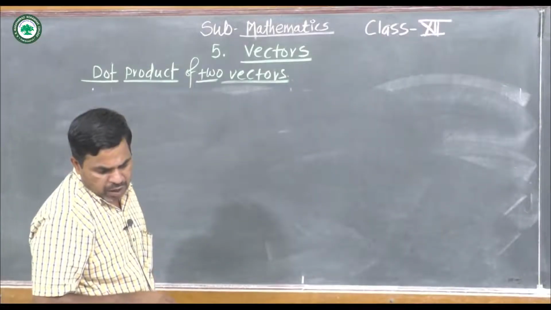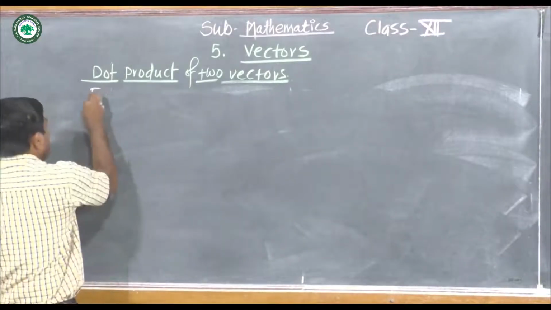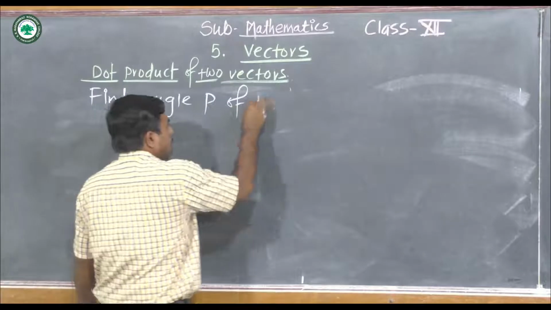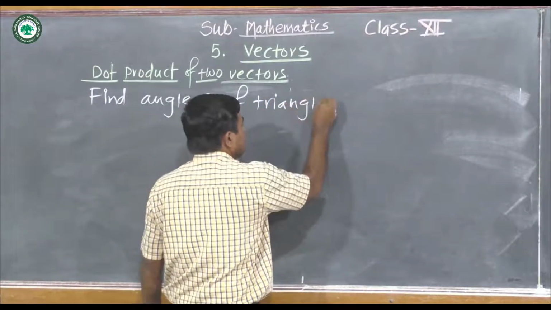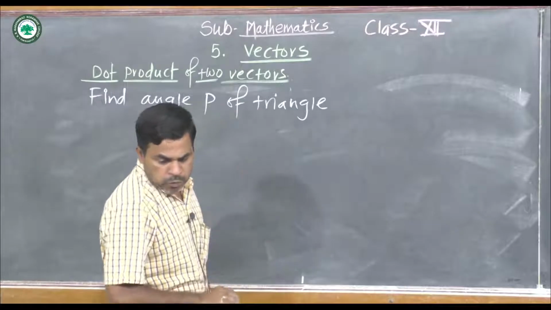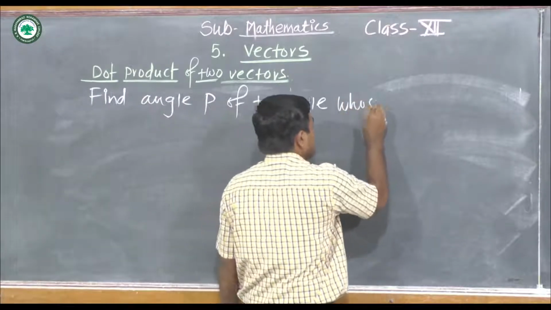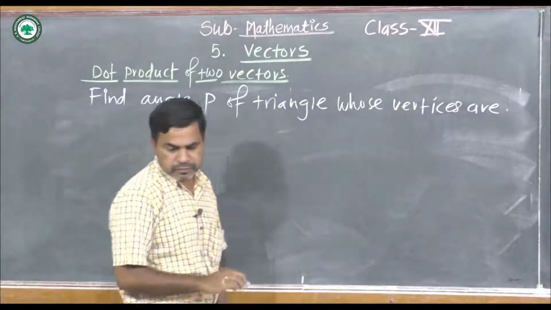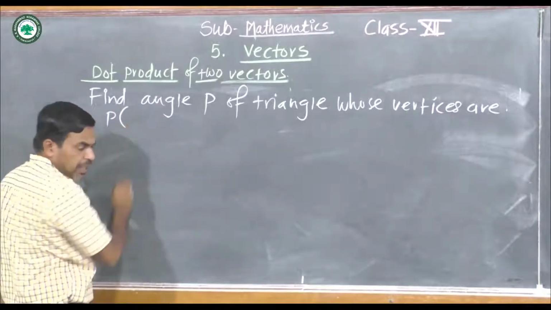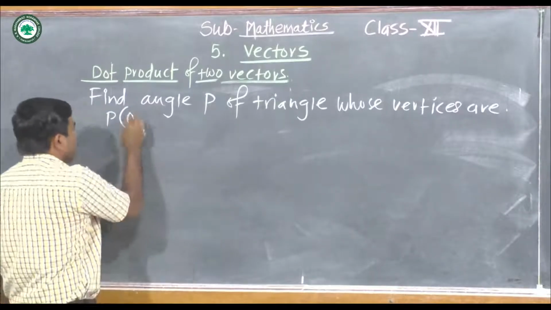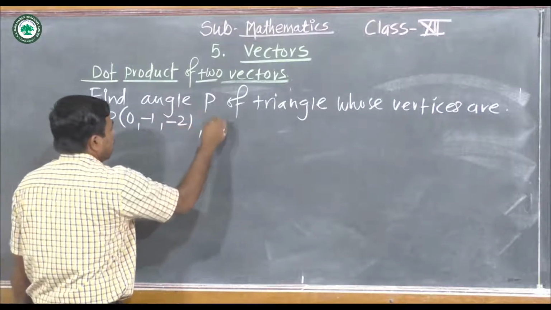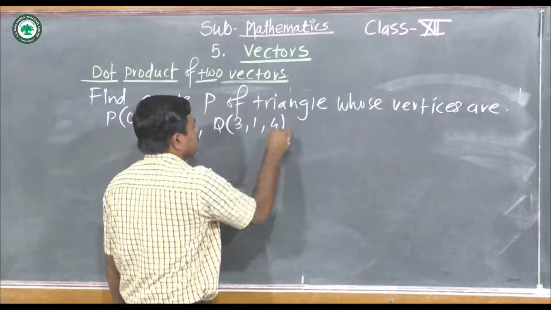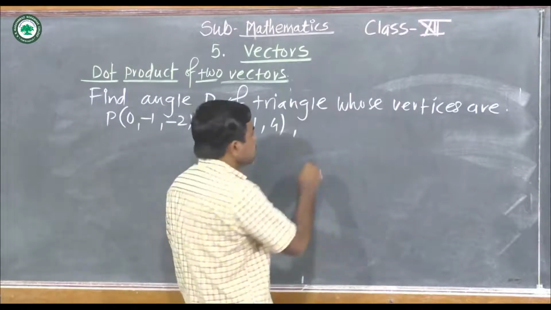Find angle P of the triangle whose vertices are P, capital P having coordinates 0, minus 1, minus 2, Q, 3, 1, 4 and R, 5, 7, 1.